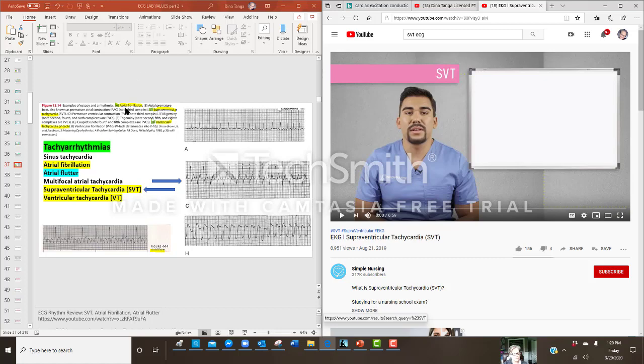We already talked about atrial fib in figure 13-14, which is A, and now we're going to go to C, but we'll go back to the PAC, because I wanted to group all the tachyarrhythmias together. So now we'll do supraventricular tachycardia, and this is the strip right here.